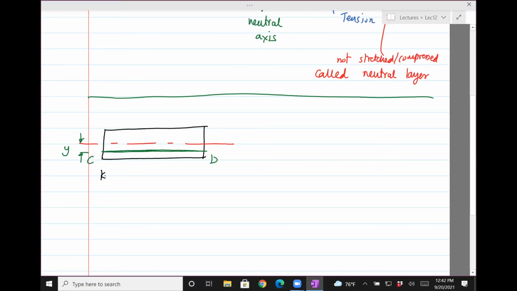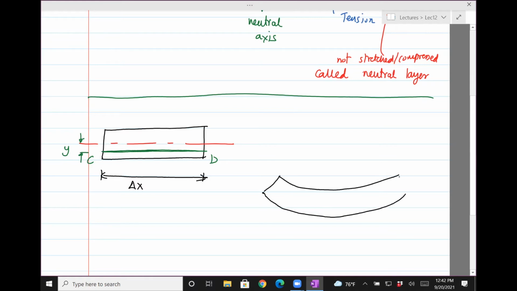This is a beam along the x-axis, so let's call this distance delta x, and this is just a small element of the beam. Okay, so now we apply a moment M, and because of the moment M, this beam is going to be bent.